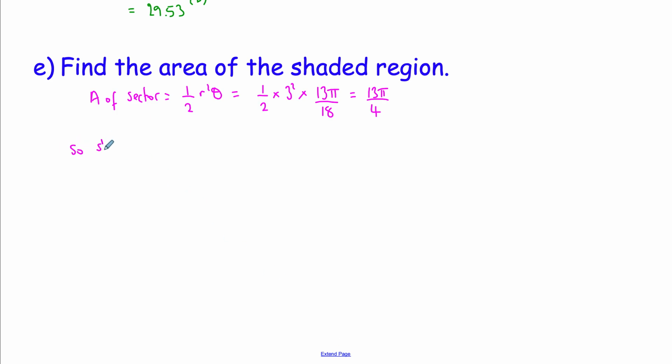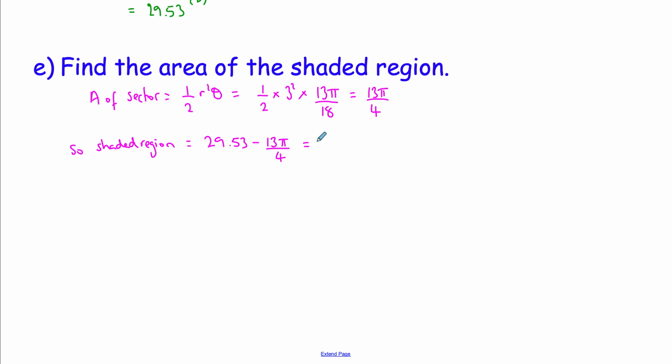So shaded region is equal to 29.53 minus 13 pi over 4.